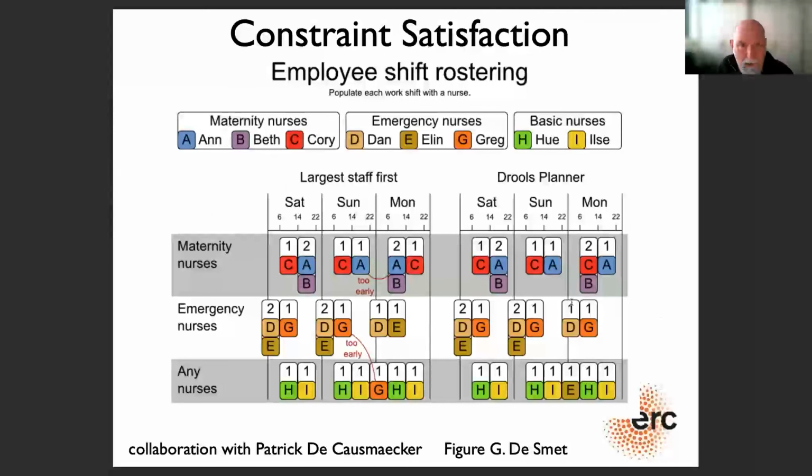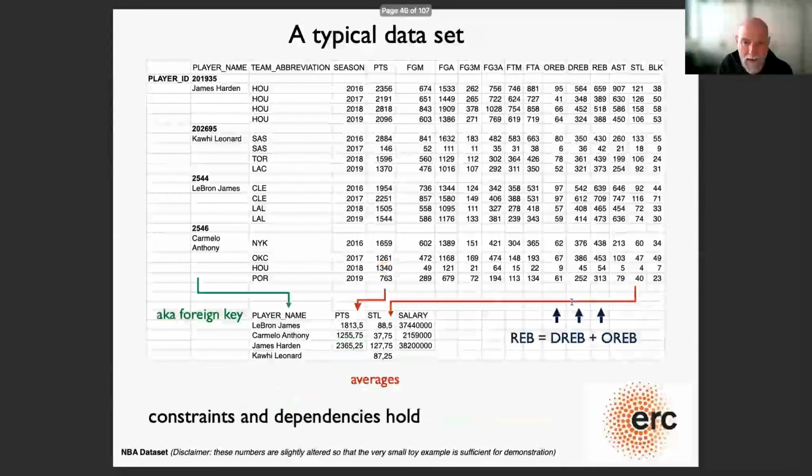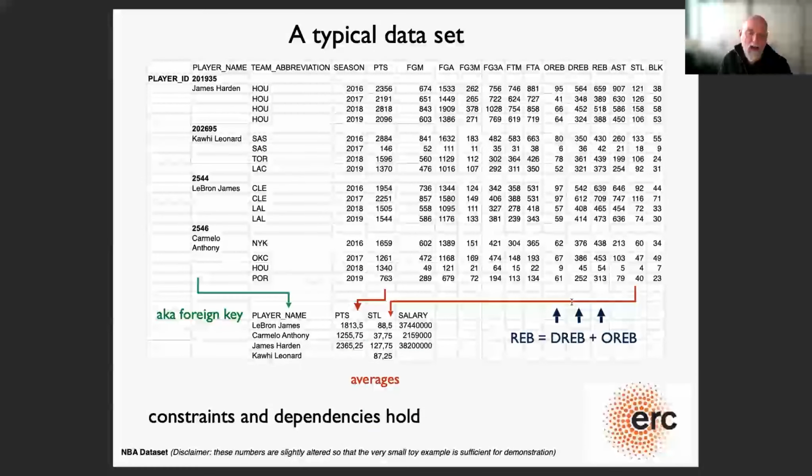What we've also spent a lot of time on is constraint learning in these data sets and also in other data sets. A lot of constraints hold here, for instance the sums, the fact that there are foreign key relations, that there are averages. All of that are constraints.